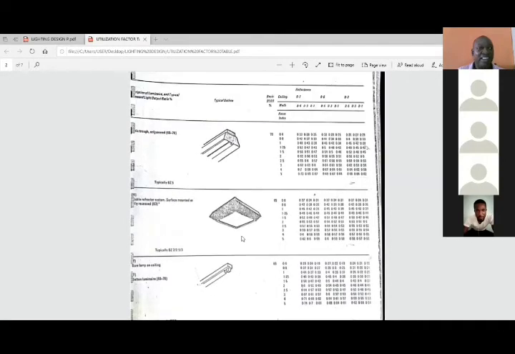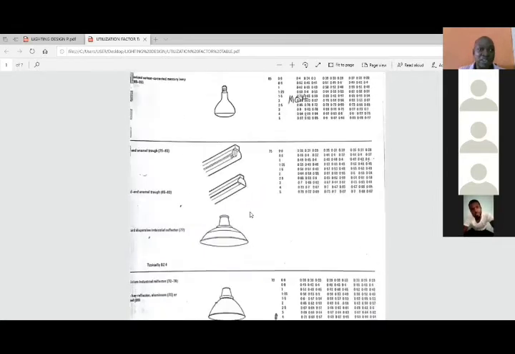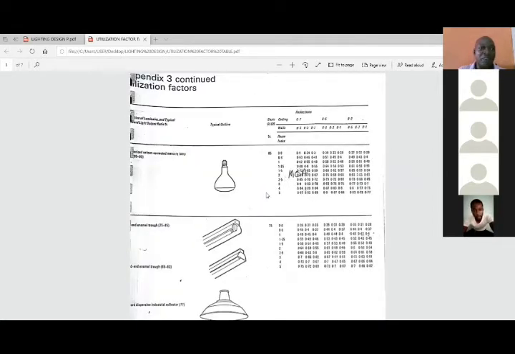Now, what I see on the screen is the utilization factor table. And I believe you got my explanation that in terms of this, they must have given us from question or from our catalog, which is the next thing that I'm going to share with us now. The reflectance in terms of ceiling and wall, finishing and color is very, very important. If you look at the just concluded example that we looked at, we were given the ceiling reflectance to be 70% and that of the wall to be 50%.